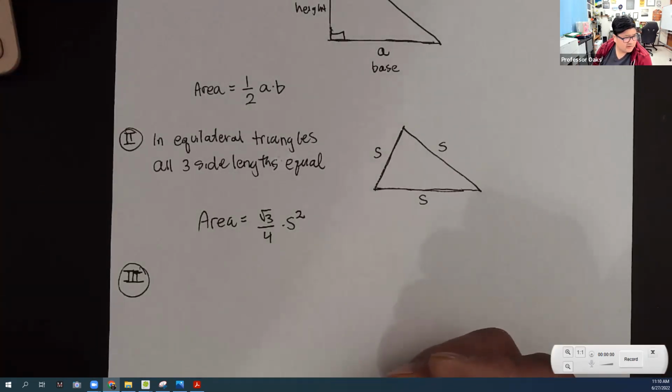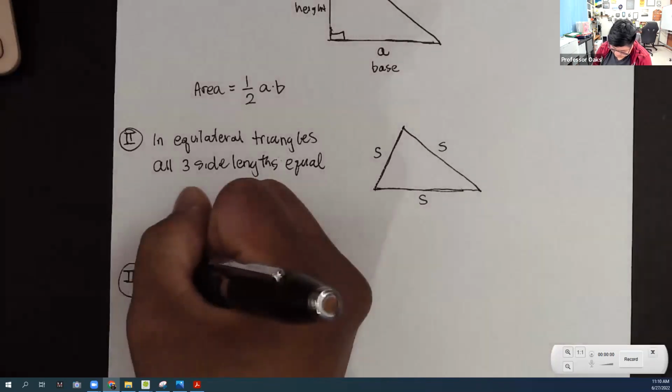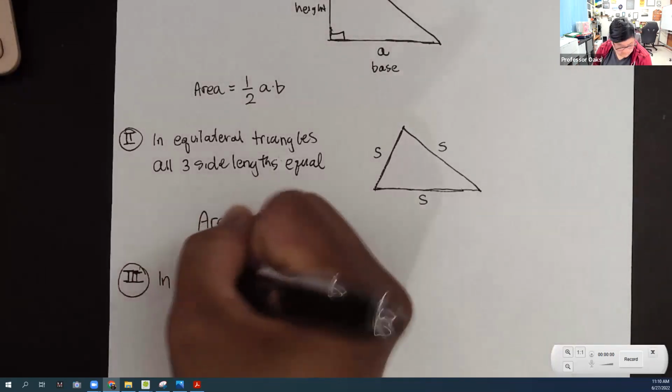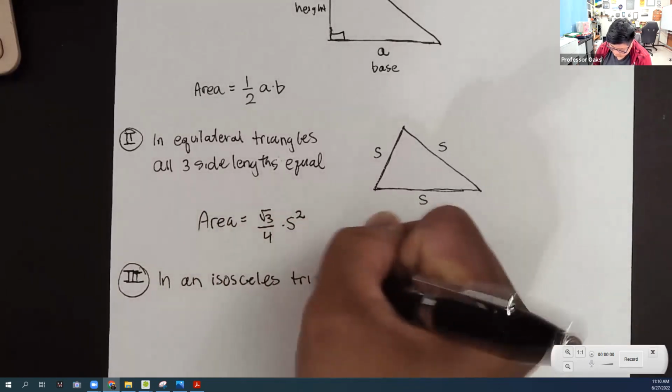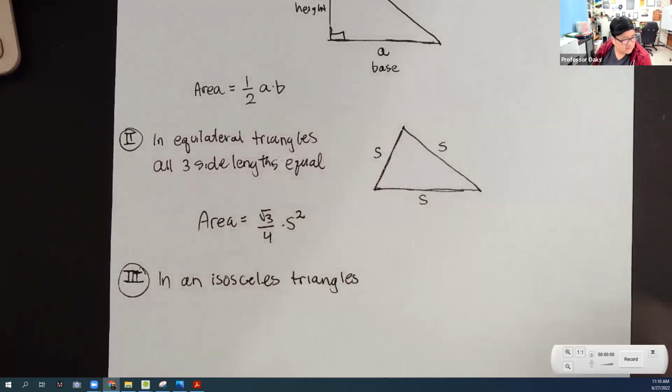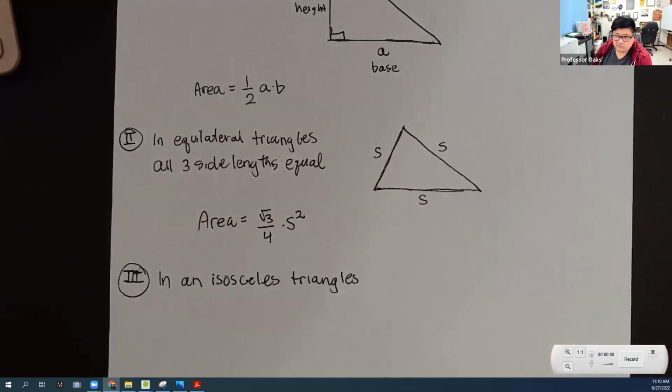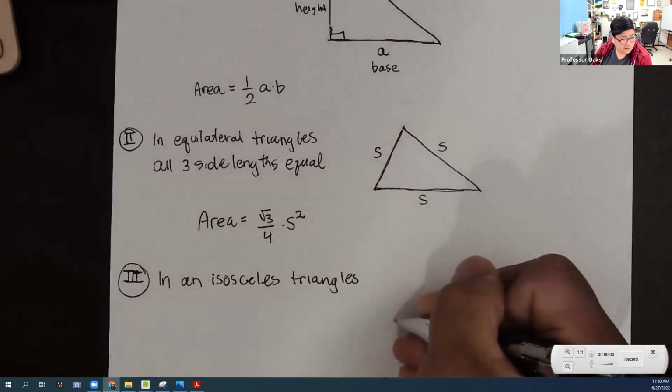And then if you have an isosceles triangle, those are ones where 2 of the side lengths are equal.